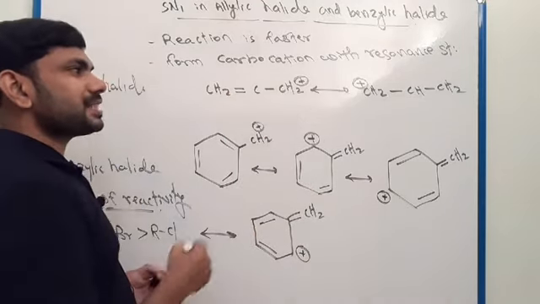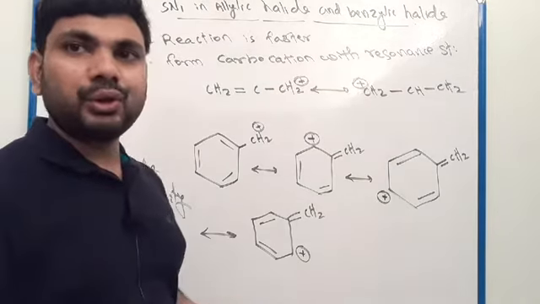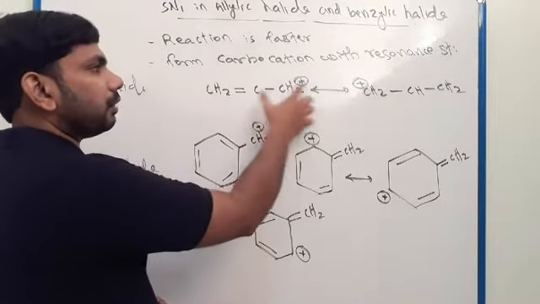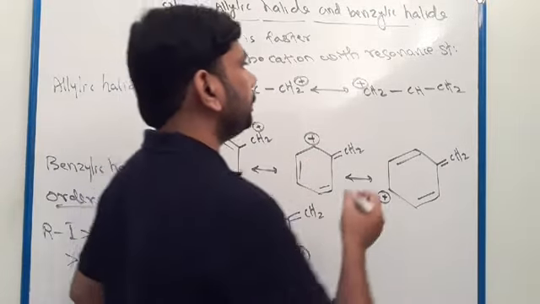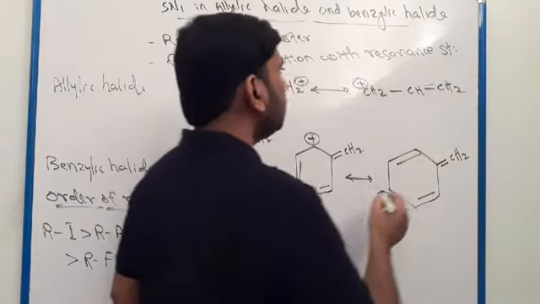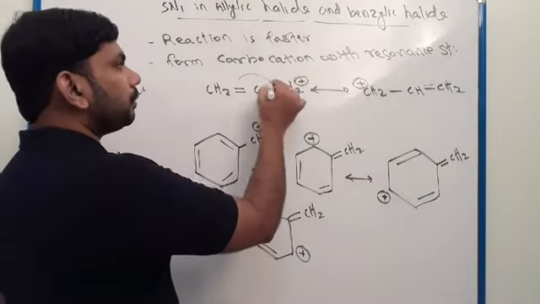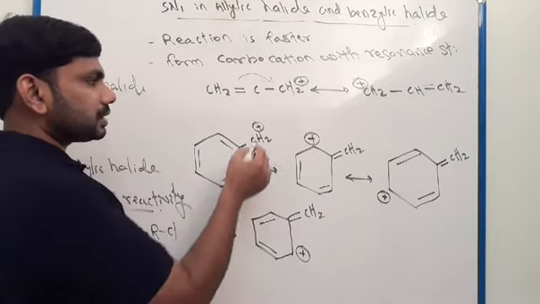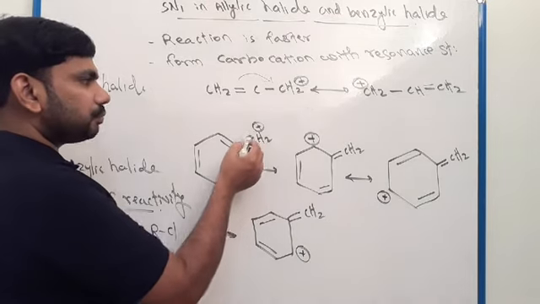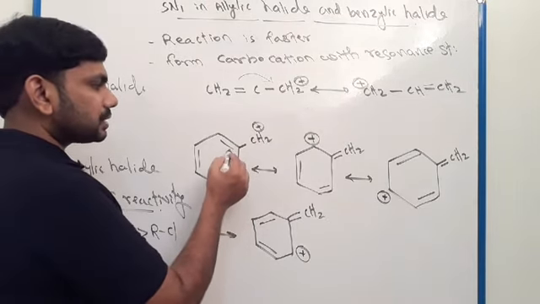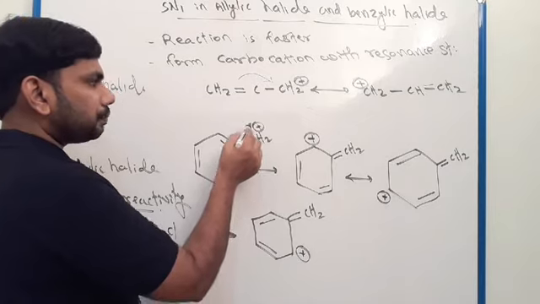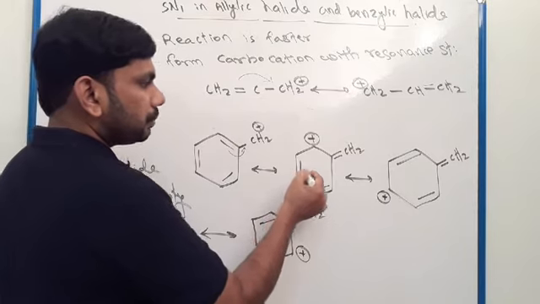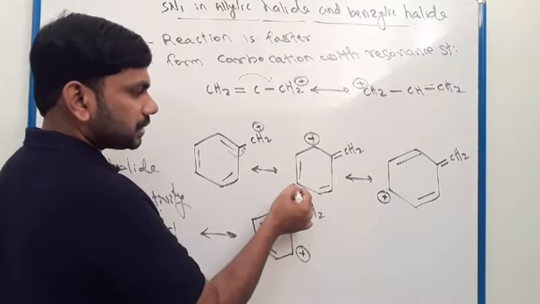They produce resonance structures, which you learned in grade 11. Look here, this double bond shifts over here and the structure becomes like this, and they form resonance structures. There is also a shift of positive charge: the double bond shifts over here and the positive charge comes here, and again the double bond shifts and the positive charge comes here.